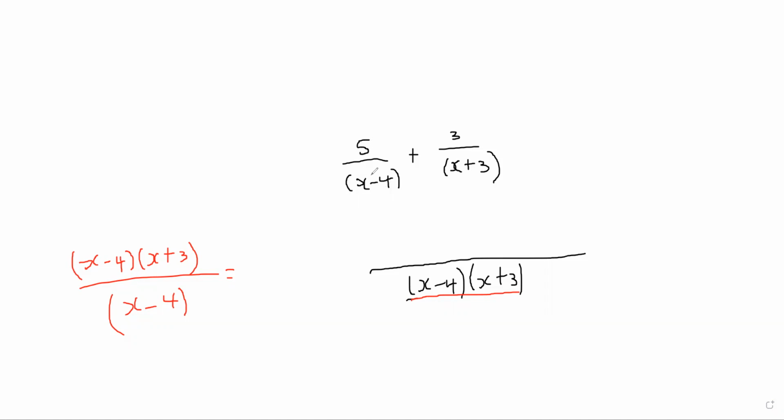So we have 5 divided by x plus 4 plus 3 divided by x plus 3, right? So the denominator is a linear expression, x plus 4 or x plus a number.